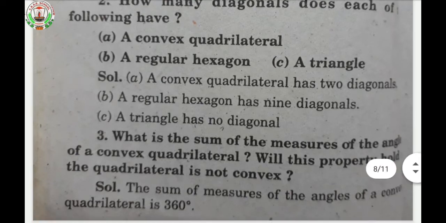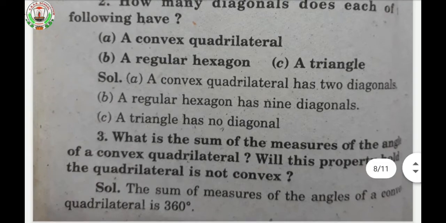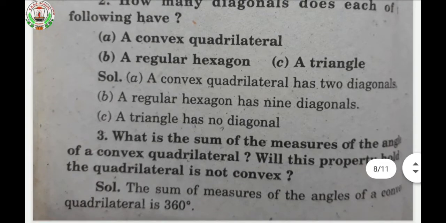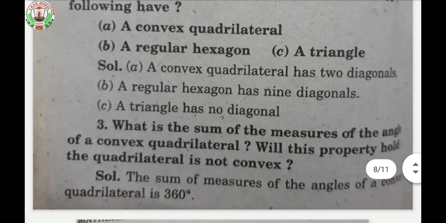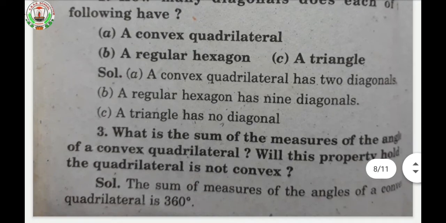See children, what you have to do: keep it in your mind, take your copy and solve it. How to find the diagonals, I had given you the formula, isn't it? Just keep the number of sides and get the value. So how many diagonals does a triangle have? It does not have any diagonals. The number of sides of a triangle is 3.